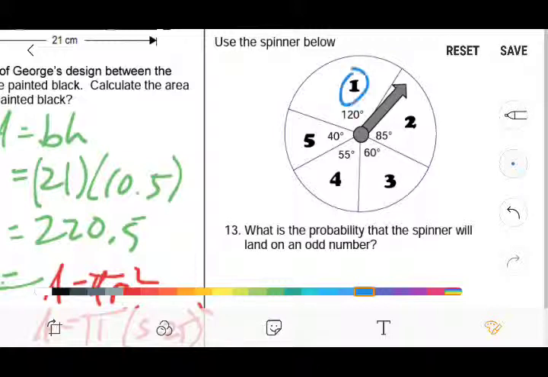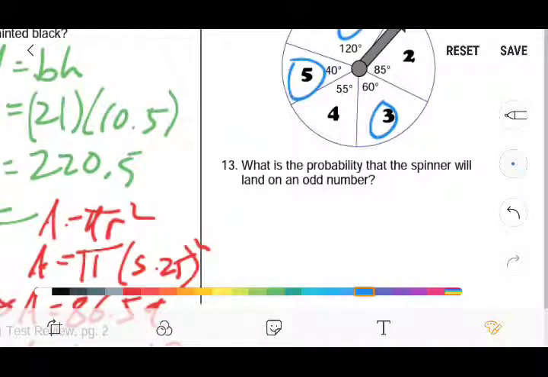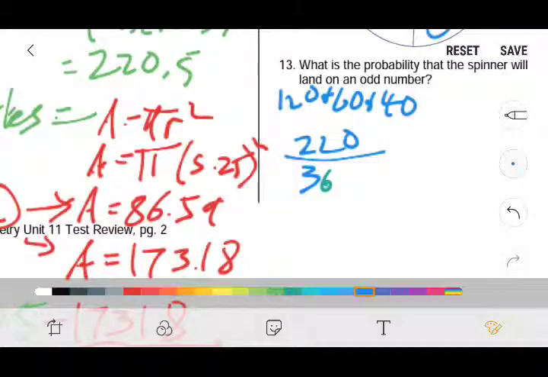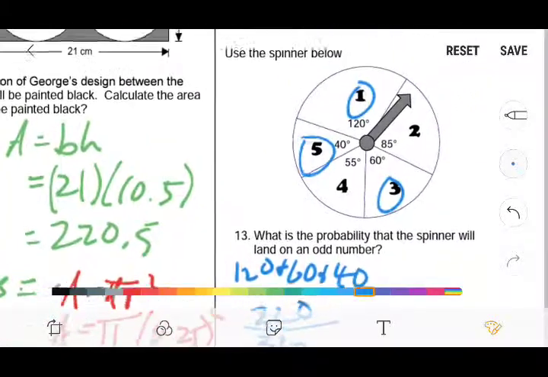Odd numbers are 1, 3, and 5. So that means 120 plus 60 plus 40. That's 220. So 220 over 360.